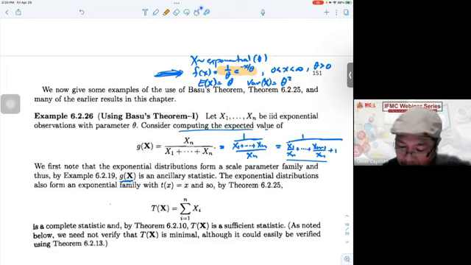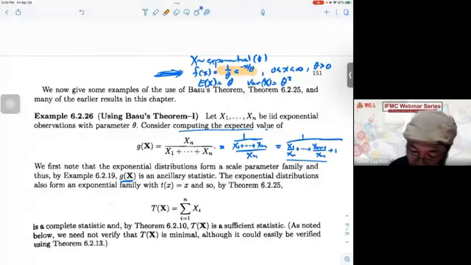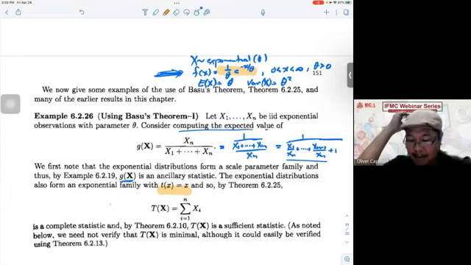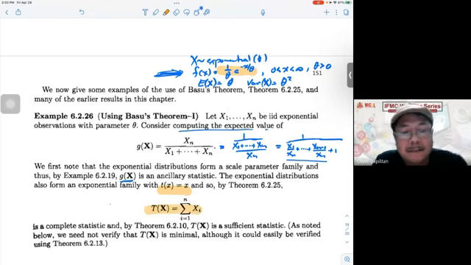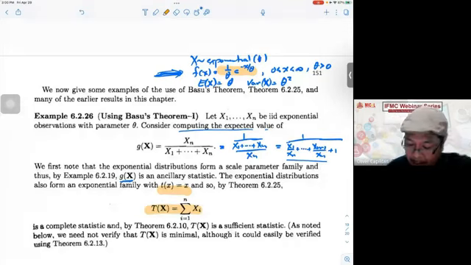So ang x dyan, function of x is x, or simply, t of x is equal to x. And so by theorem 6.2.25, this one is a complete statistic. And based on theorem 6.2.10, this is also a sufficient statistic.